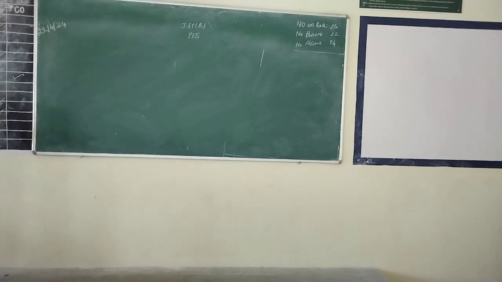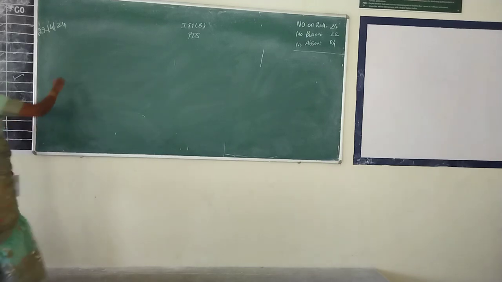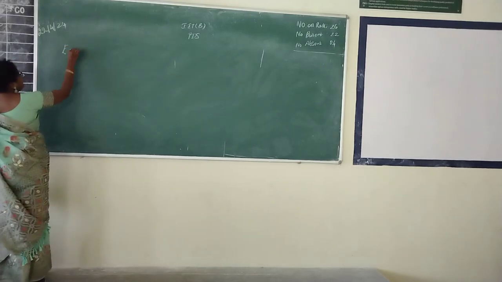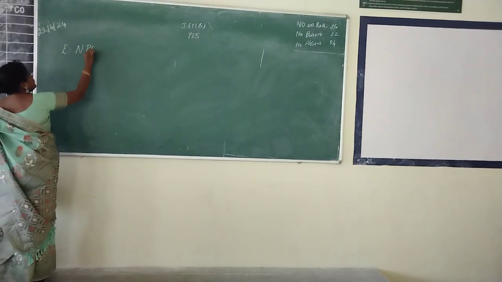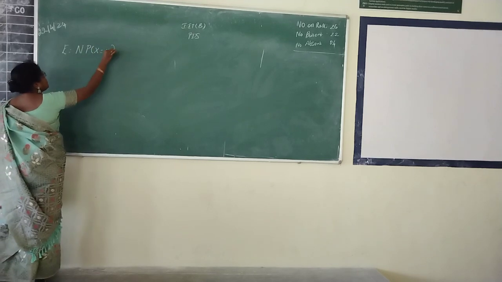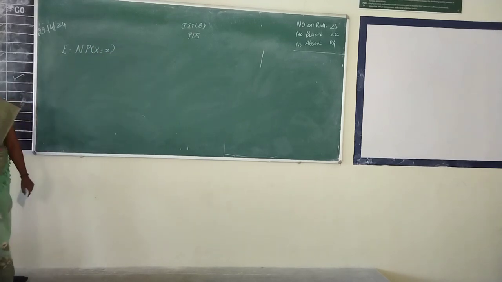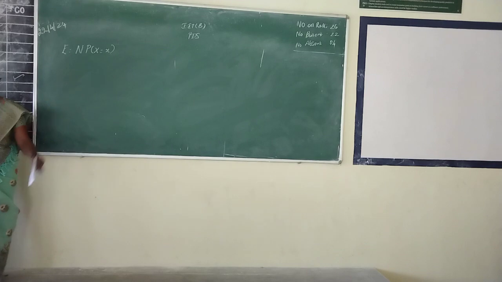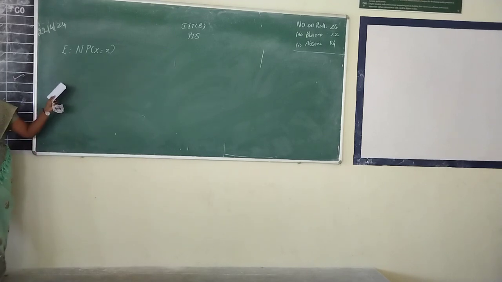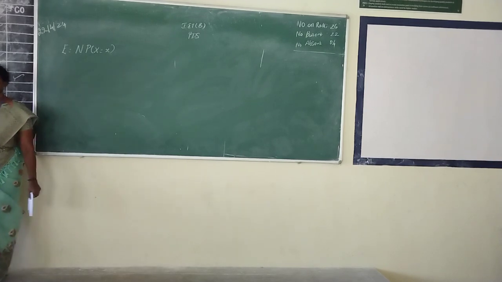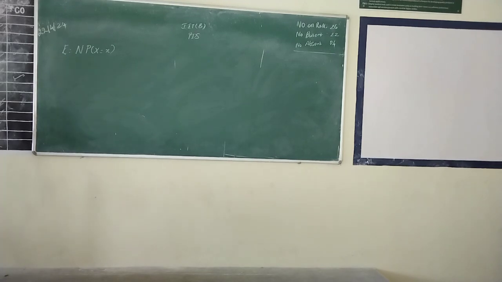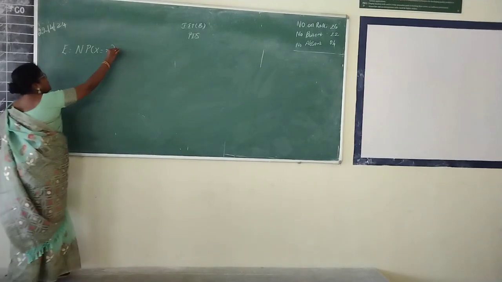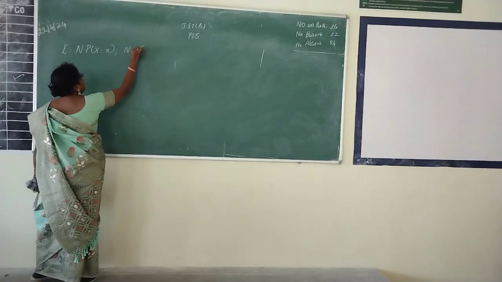So what is the formula to get the E value when you are using the distribution? Expected frequency E is given by capital N into probability of capital X equal to small x. This is the formula, both for binomial as well as Poisson. Note down: capital E equals capital N into probability of capital X equal to small x, where capital N is the total of all frequencies.